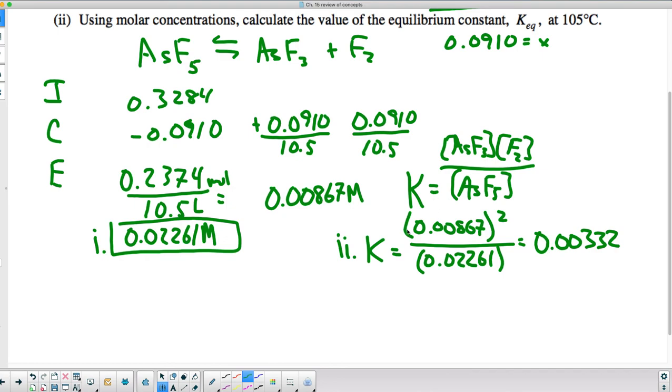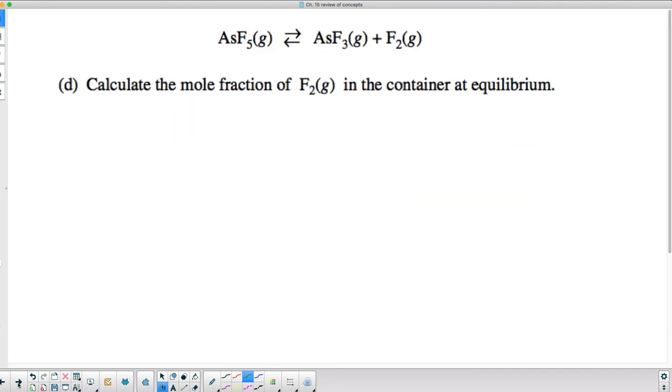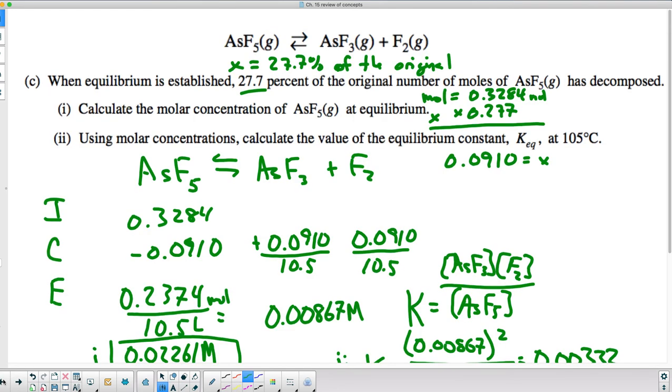Okay, next problem, we're just about done, is calculate the mole fraction of F2 in the container at equilibrium. Okay? So the number of moles of F2 is this. There's F2.